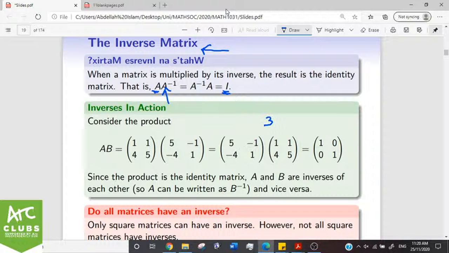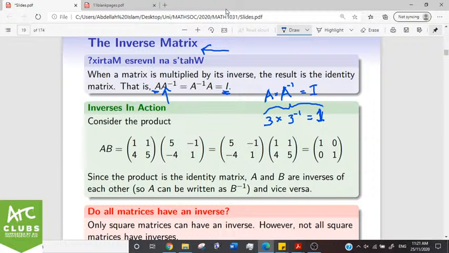If you take a number like 3 and you multiply it by 3 to the power of minus 1, you get 1. So we're kind of copying this into the matrix world, and we're saying, okay, if you have a matrix A, we want to find some sort of matrix A inverse so that we get the identity out.